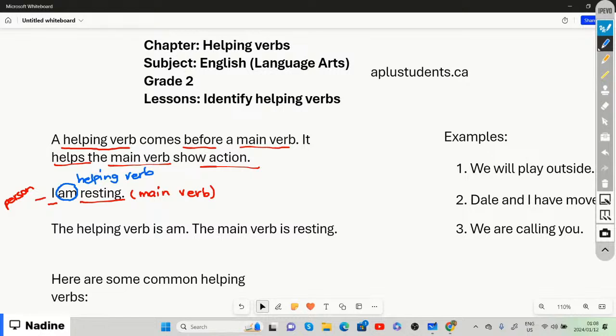So once again, our helping verb is am, and the main verb is resting. So am is our helping verb. The main verb is resting.